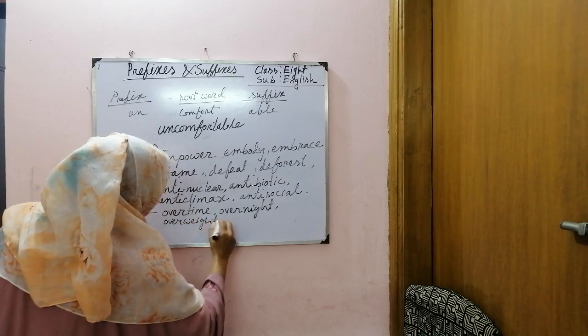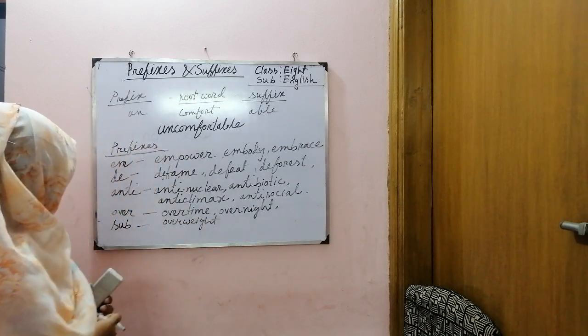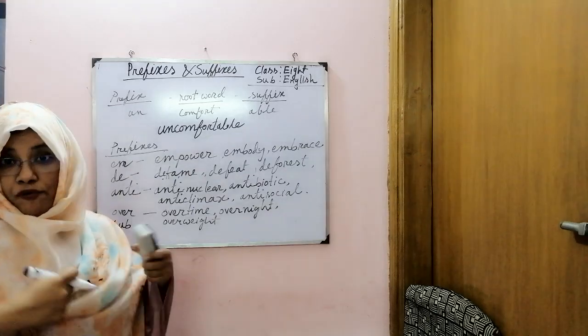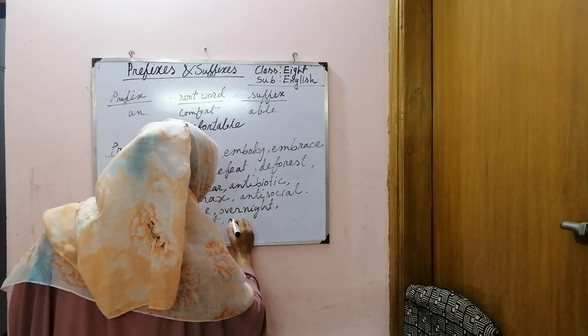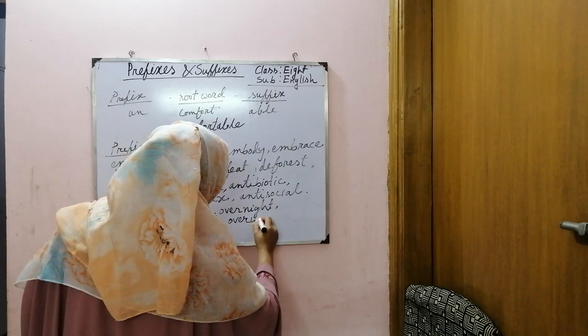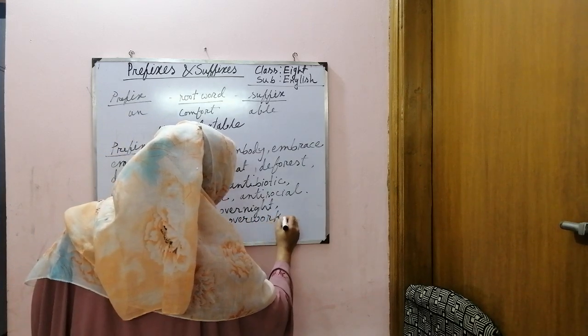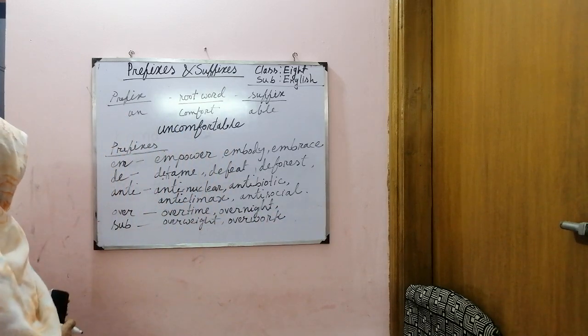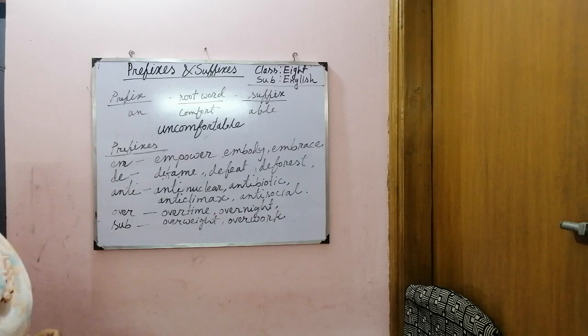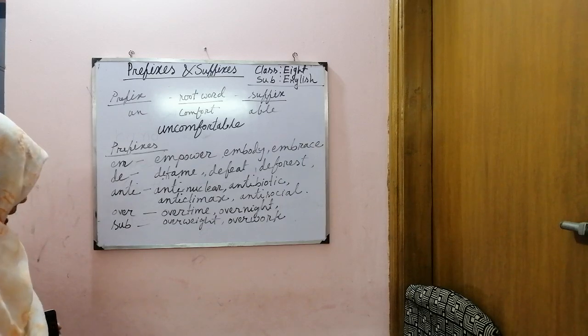When a person gains too much weight, then we can say he is overweight. Overwork. So learners, you can see that with the help of affixes, we can actually make many new words with new meaning.